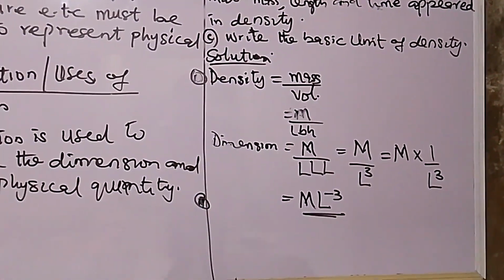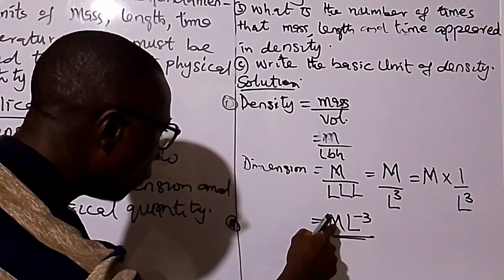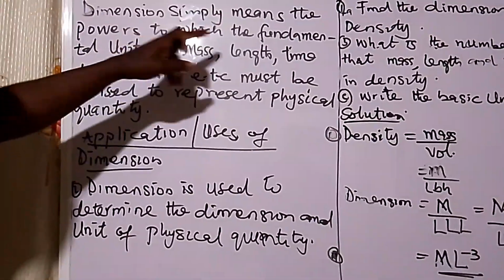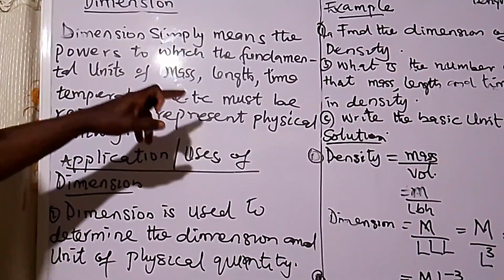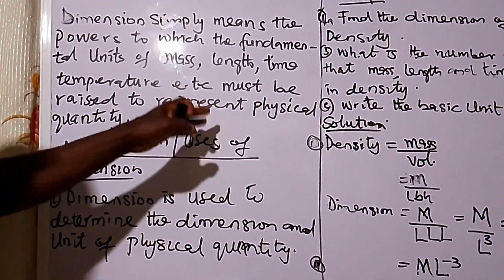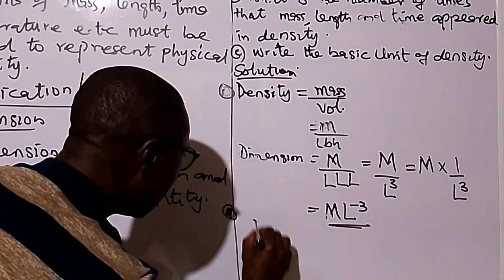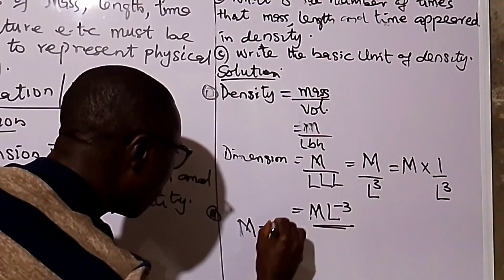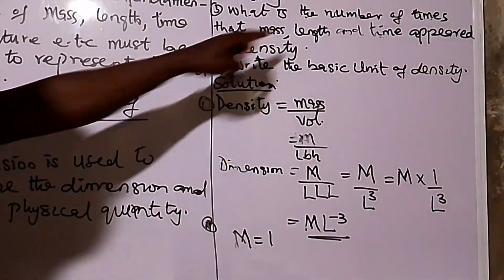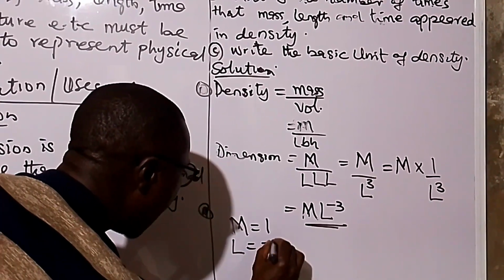For mass, the power of M according to the definition is 1. For length, the power of L is minus 3.